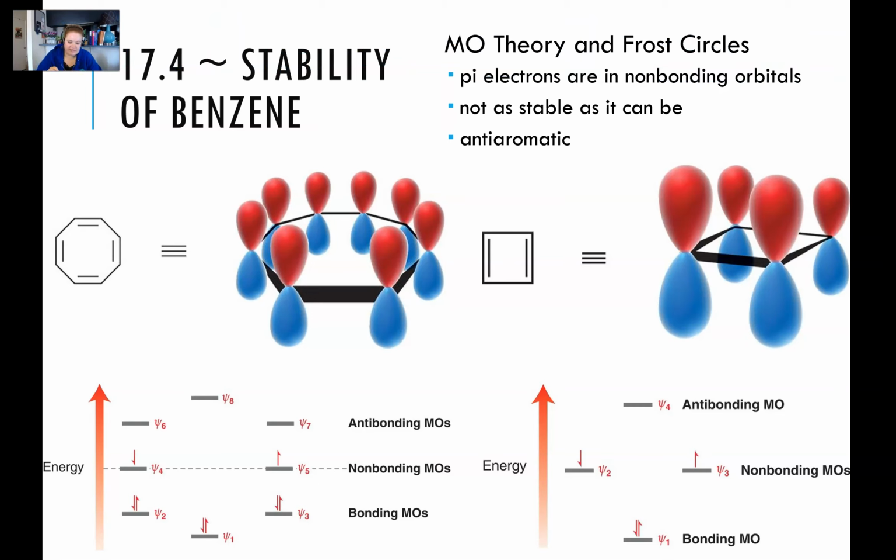And what we can see here is for the cyclooctatetraene and the cyclobutadiene, they each have orbitals that are half filled, and those orbitals are laying right on the line between the bonding and the anti-bonding.